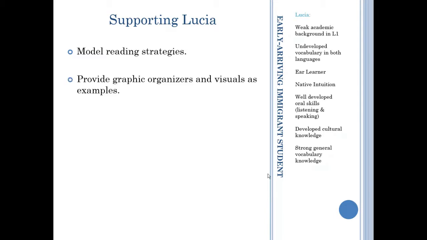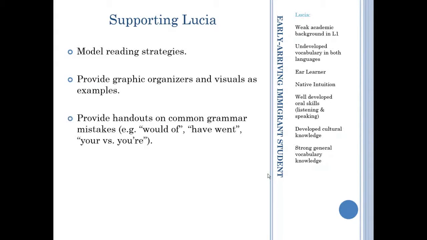So for her, like helping her, and this applies to writing too, with strategies that she can use to be a better reader, to be a better writer. Graphic organizers, talk about annotating texts, talk about how people who are really good readers basically get meaning, right? We have all these strategies that we use.